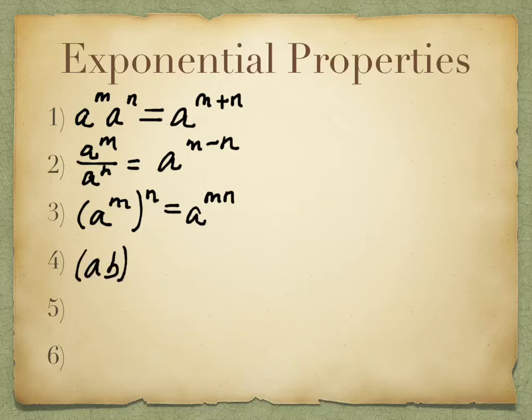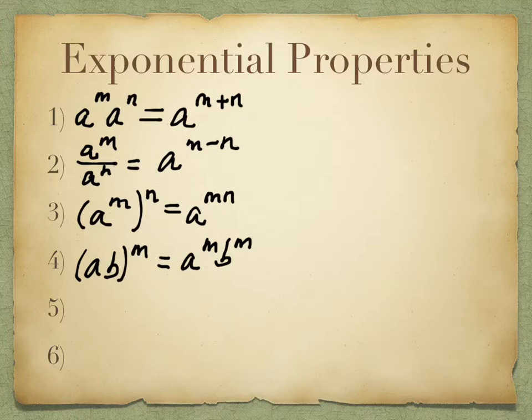Now, Emily tried to do this earlier today with me, but it wasn't quite what you're seeing now. If you have two values that are multiplied together with an exponent on the outside, then you can distribute that exponent through. That doesn't work for everything, right? It matters that this is multiplication inside that allows us to do this. So this is a to the m and b to the m.